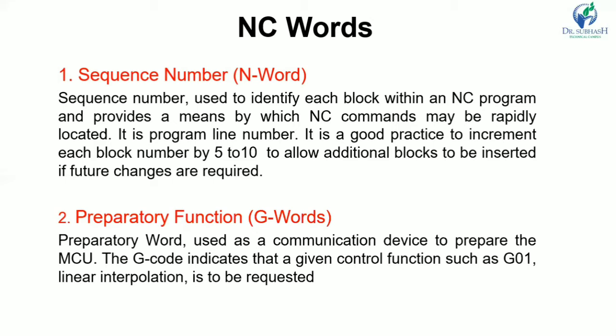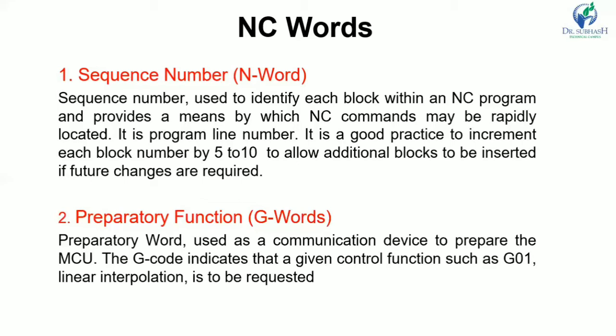The preparatory function is represented by 2 digits preceded by G, that is G00 to G99. It enables the controller to interpret the data which follows, and it precedes the coordinate word.